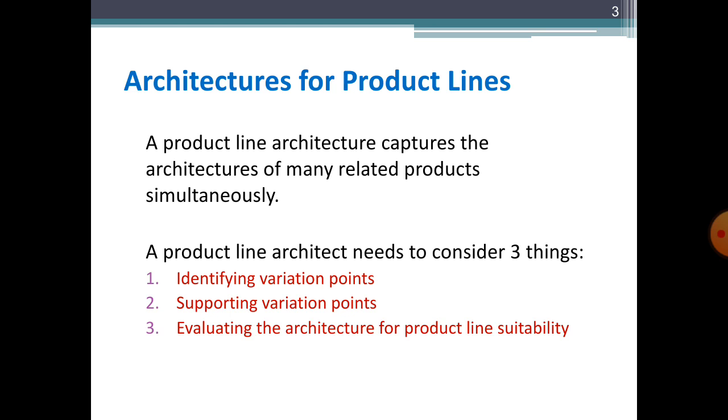The last point is evaluating the architecture of the product line. In this we evaluate our architecture for its robustness and generality. The evaluation process should focus on what to evaluate, how to evaluate, and when to evaluate. So these are the three things which a product line architect should consider.